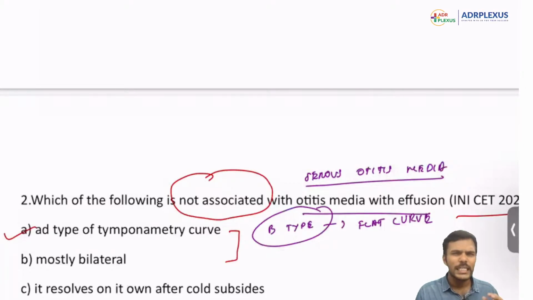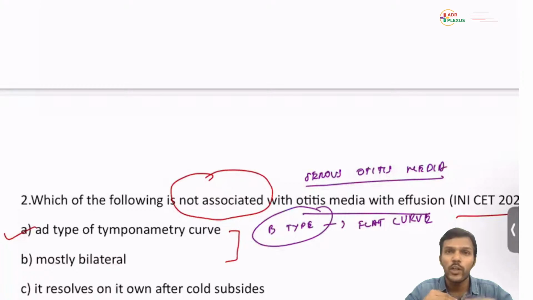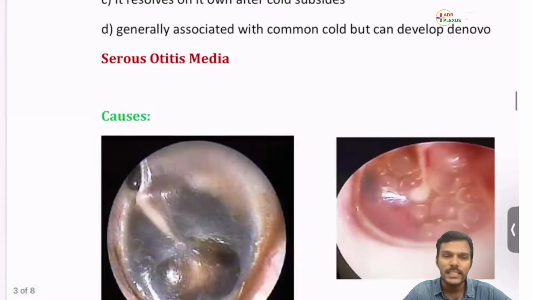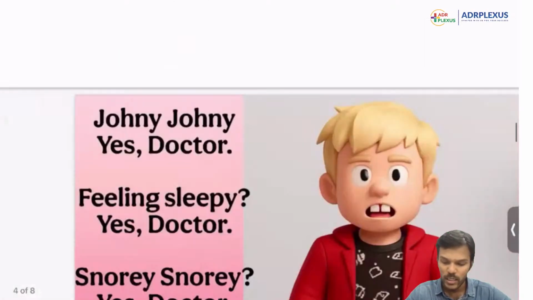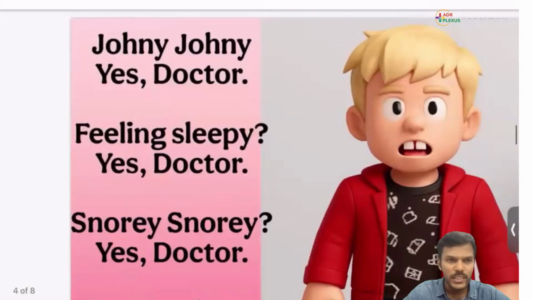A 3-year-old toddler presents to my OPD. That toddler will not talk with me; that toddler will sing only rhymes with me. Just think of this situation: the toddler is coming to my OPD, singing rhymes. The name of the toddler is Johnny. Johnny. Yes, doctor. Feeling sleepy?